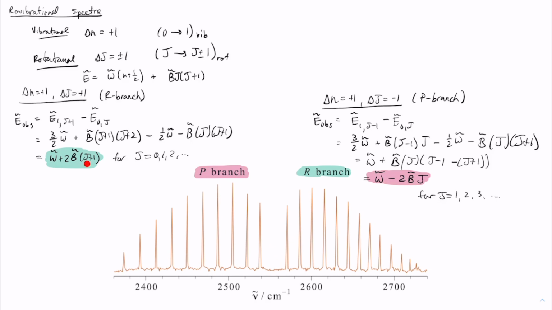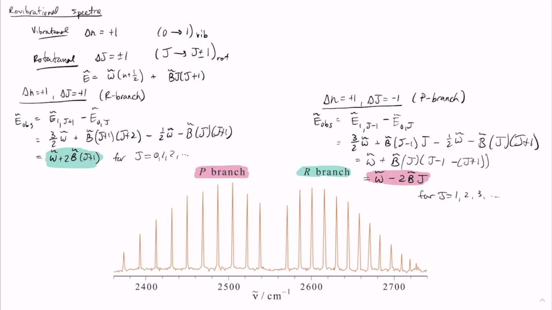If you plug in j equals 0 to this expression, then this is omega tilde plus 2b. And so the first line in the R branch is at omega tilde plus 2b tilde sitting here. And then there will be another transition for each higher value in j going on. And so there's a series of transitions separated by approximately 2b tilde.